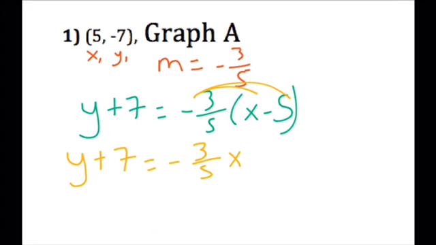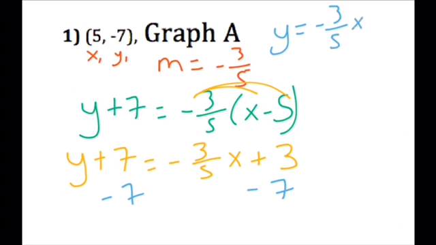A negative times a negative is a positive, and 3/5 of 5 is 3. Now we're going to subtract 7 from both sides, and we get y equals -3/5 x minus 4. So that's the equation of the line that goes through 5, -7 and is parallel to graph A.